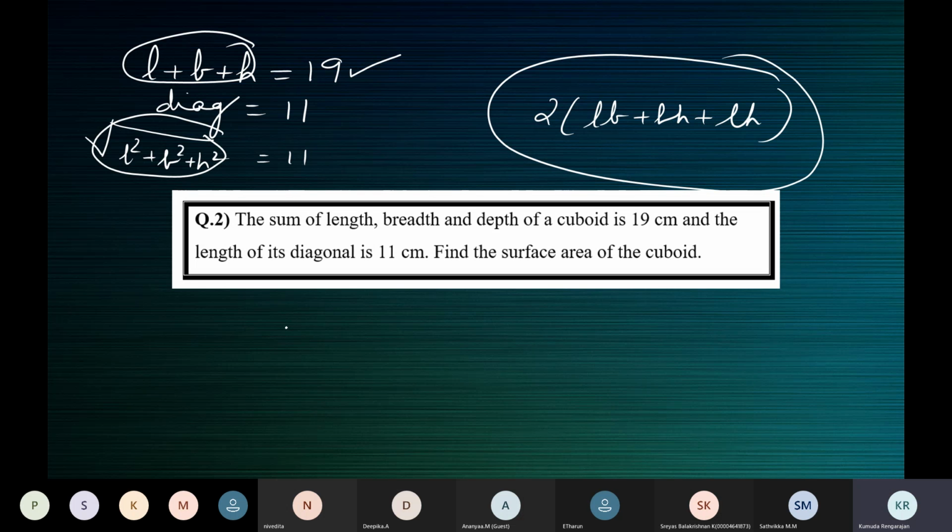So take up this equation, L plus B plus H is equal to 19. Square this on both sides, so you get L plus B plus H, the whole square, is equal to 19 square. What is A plus B plus C the whole square?